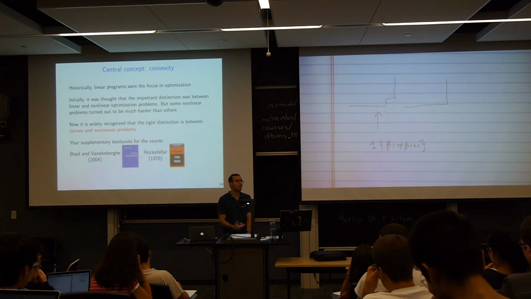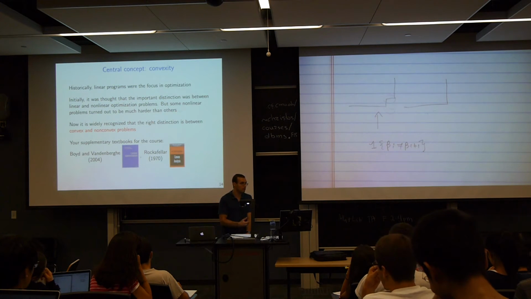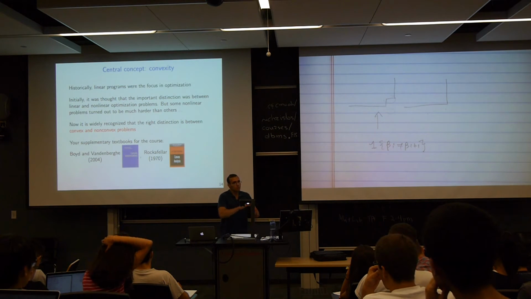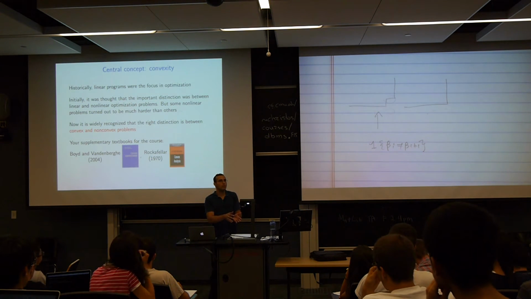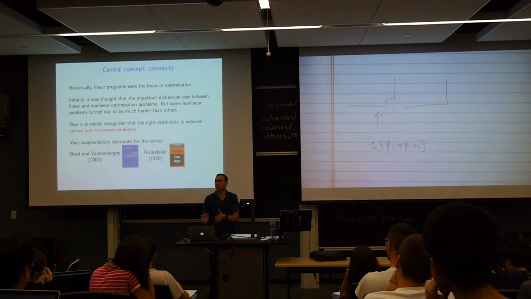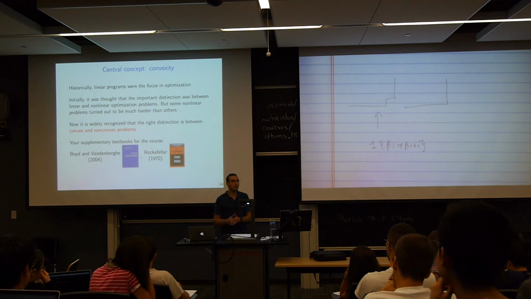That is the distinction widely recognized today as the right one. Convex problems are problems that we can pretty much solve with our choice of algorithm. Non-convex problems are a lot harder. We can say a lot less about them in terms of understanding optimality and picking algorithms that are guaranteed to work. Solving non-convex optimization problems is more like a pick and choose thing.